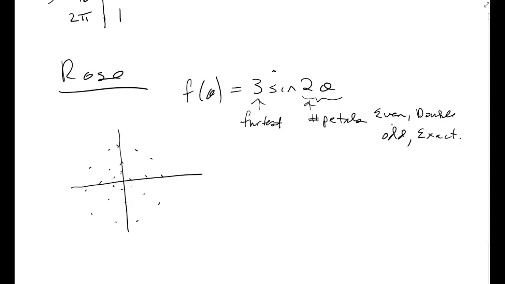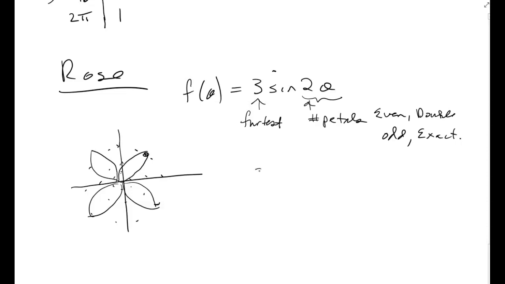That 2, because it's an even number, I'm going to double it. This is a flower graph with 4 petals. The petals, because it's a sine function, are just going to look like this. Boom. They're going to go out to 3, 1 in each quadrant, and there they are.